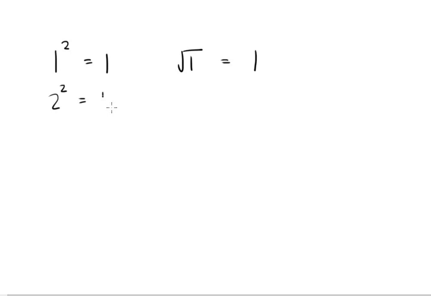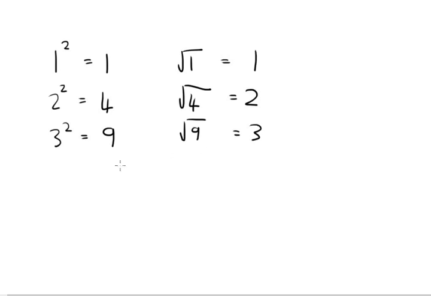2 squared is equal to 4. The square root of 4 is equal to 2. 3 squared is equal to 9. The square root of 9 is equal to 3. 4 squared is equal to 16.